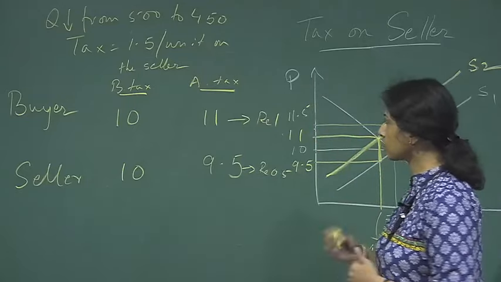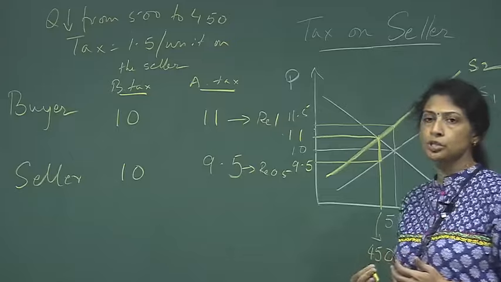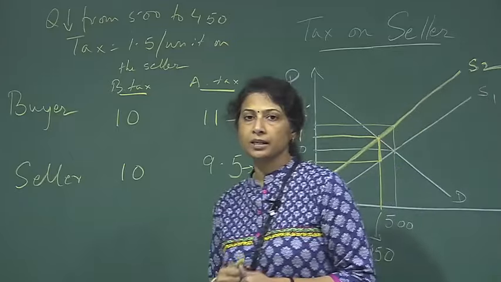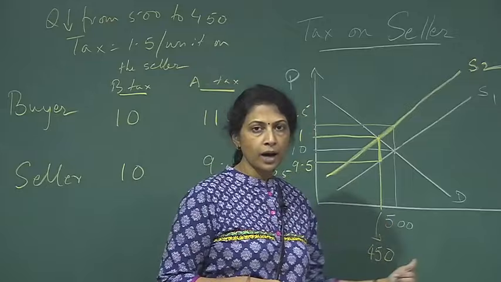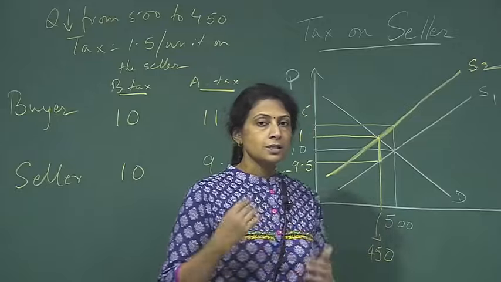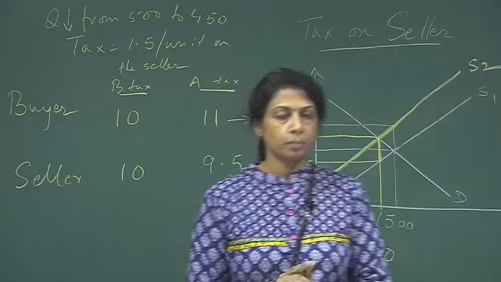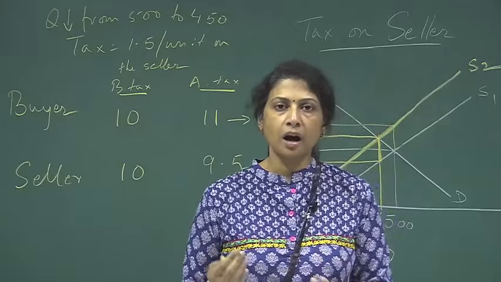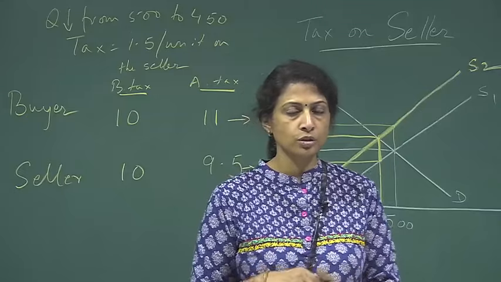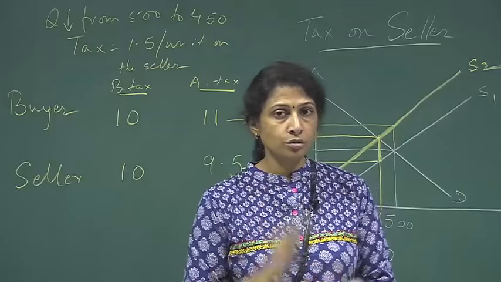In other words, what is the intuition behind it? If a tax is imposed on the buyer, the seller knows that the buyer is facing a higher price. So he is going to reduce his consumption, which is not good news to the seller.